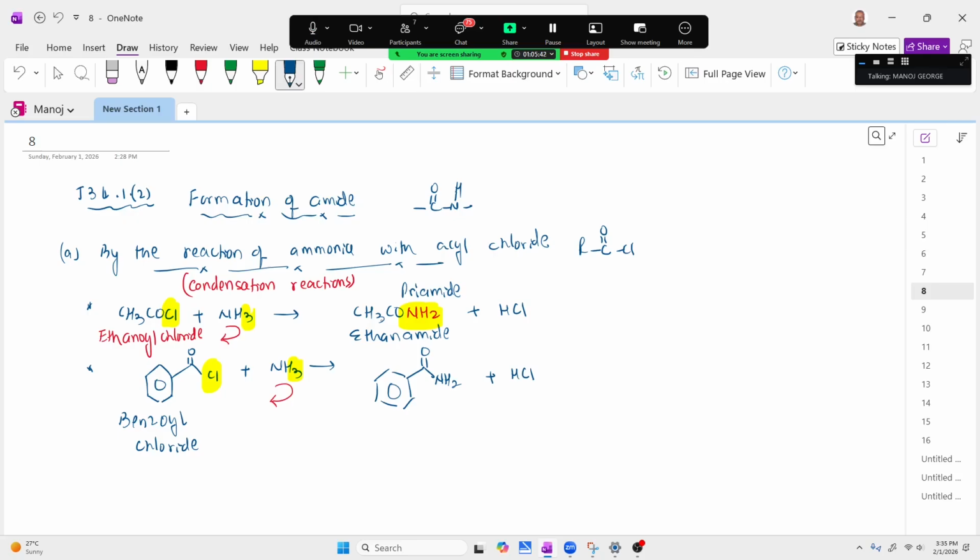Correct? This is called benzamide. Yes, you have to know these names as well. Okay, everyone is okay so far. Simple reaction. Any acyl chloride, if you react with ammonia, you will get amide, and that too you will get primary amide. Is that clear with everyone?